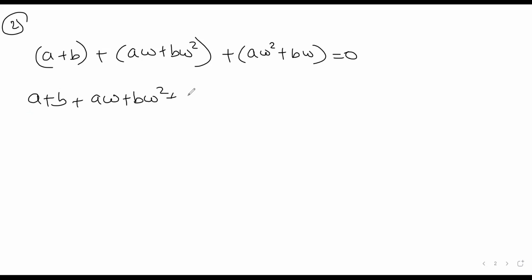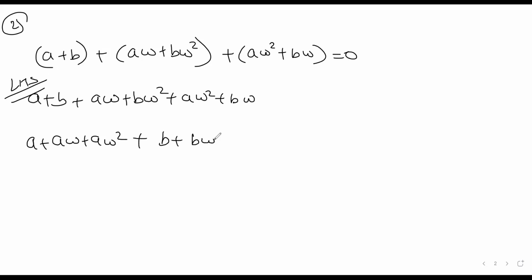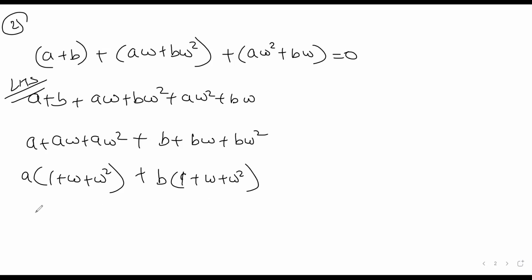We can write the LHS as a plus aw plus aw square plus b plus bw plus bw square. That is a into (1 plus w plus w square) plus b into (1 plus w plus w square), which is a into 0 plus b into 0, equal to 0. Proved.